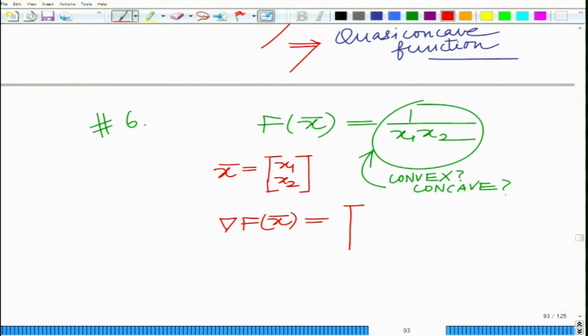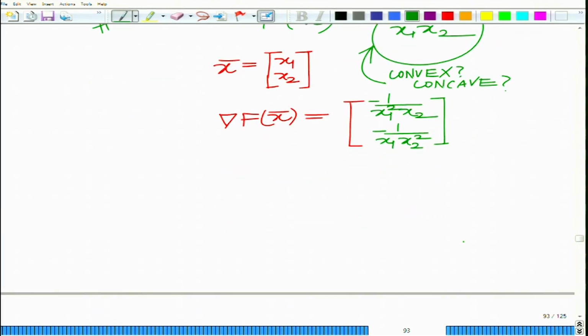So, the gradient with respect to x1 x2 will be: the derivative with respect to x1 is minus 1 over x1 square x2, and the derivative with respect to x2 is minus 1 over x1 x2 square. Now the Hessian: take the first element, differentiate it with respect to x1.